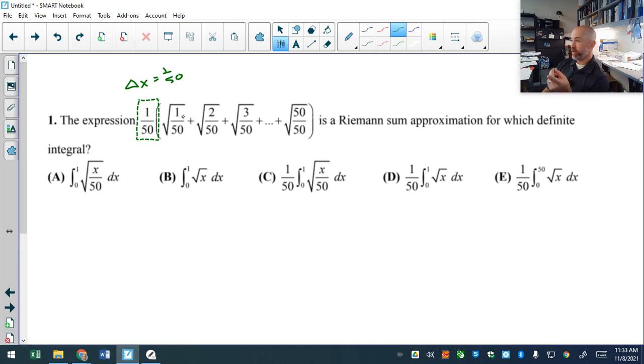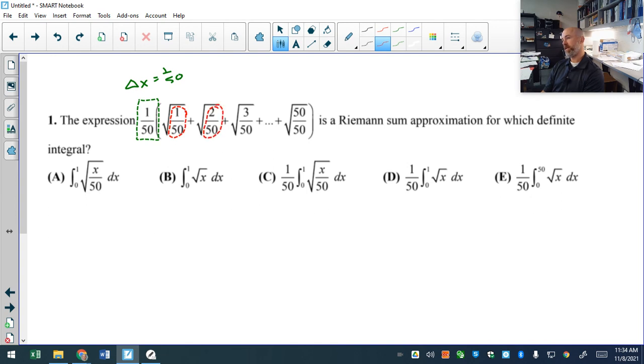Now, you could read that two different ways. You could look at it as the square root of, and I'm changing the numerator. You could think of it as the square root of x over 50, and then my x's are going from 1 to 50. But my delta x kind of tells me what we're replacing. This is all in the same structure as the delta x.